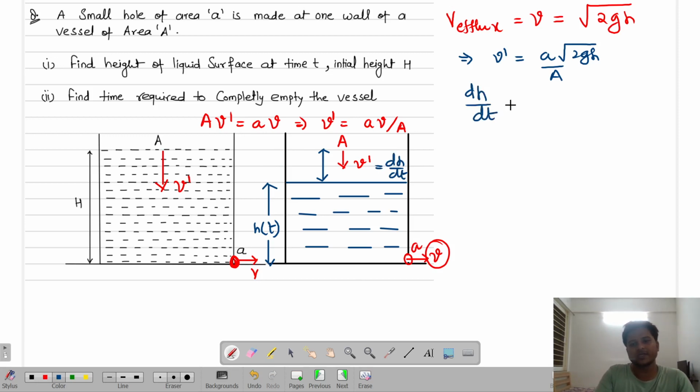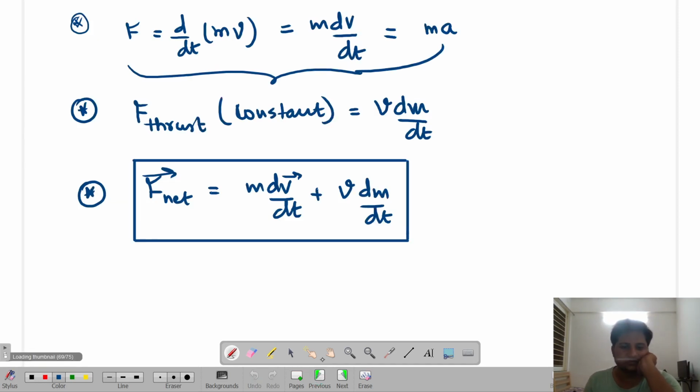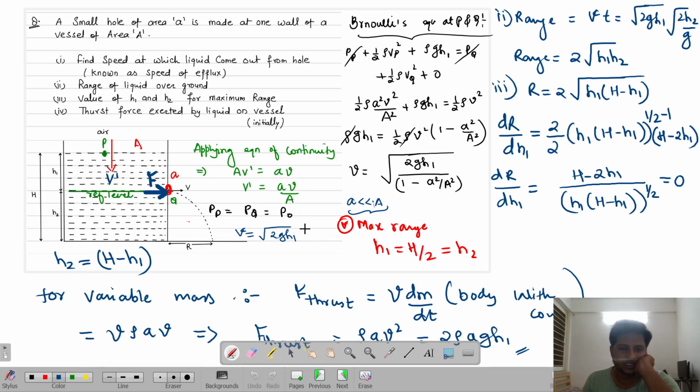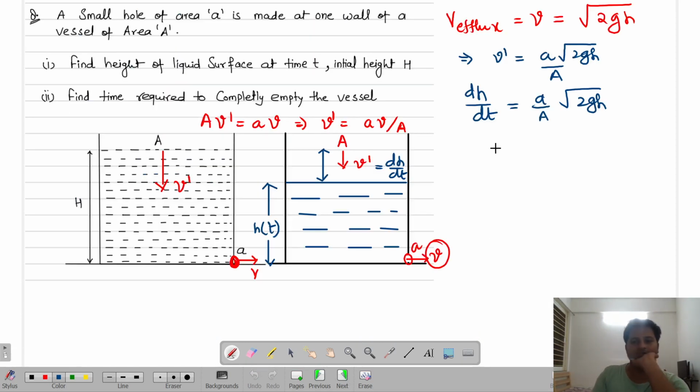So ds by dt is equal to a by capital A root under 2gh. Previously we defined the efflux velocity, but we didn't define h with respect to time. Now, in this question, we are defining h with respect to time also. So it will be dh by root under 2gh, which is equal to a by capital A into dt.